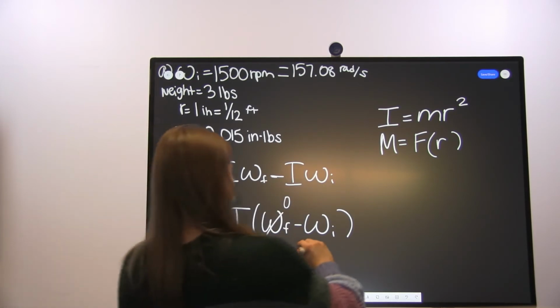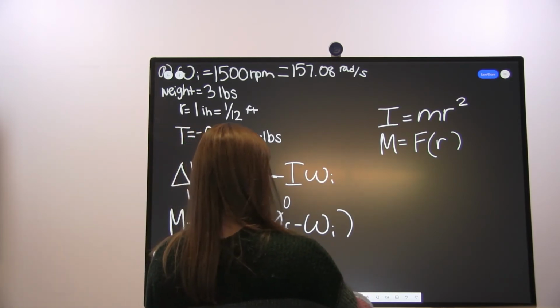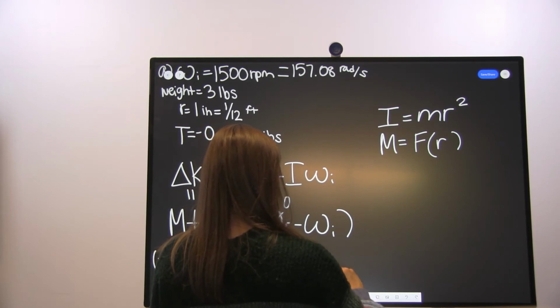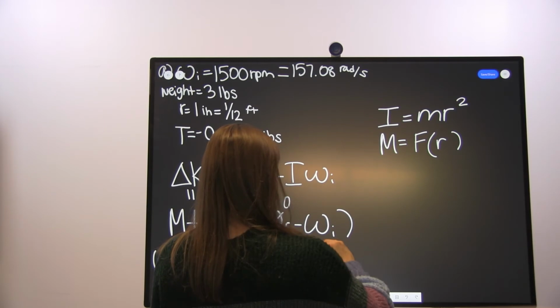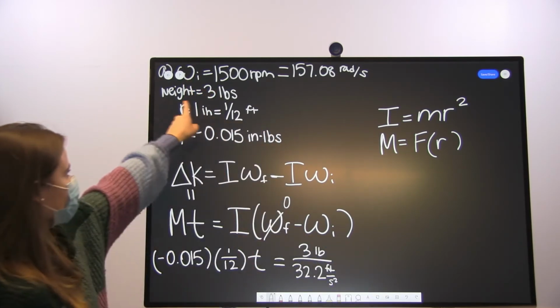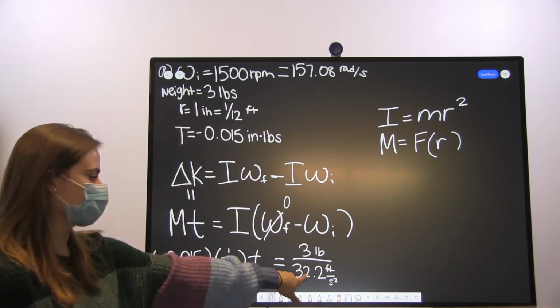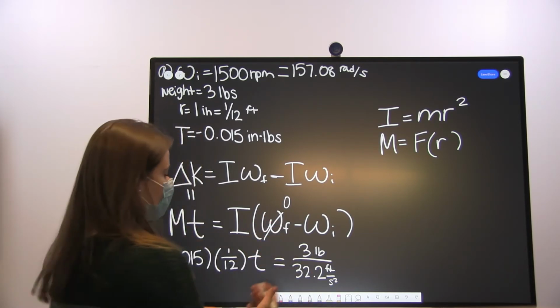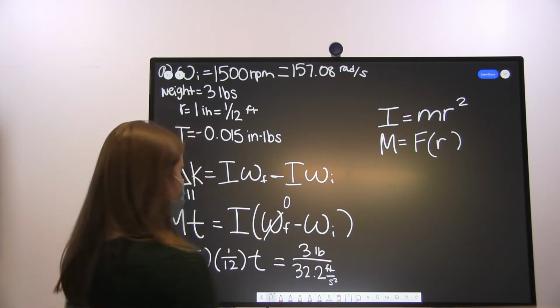Our mass is going to be 3 pounds divided by 32.2 feet per second squared, because that's mass. We had weight, and to go from weight to mass, we divide by 32.2 feet per second squared, or the acceleration due to gravity in English units, because that's what we're using for this problem.